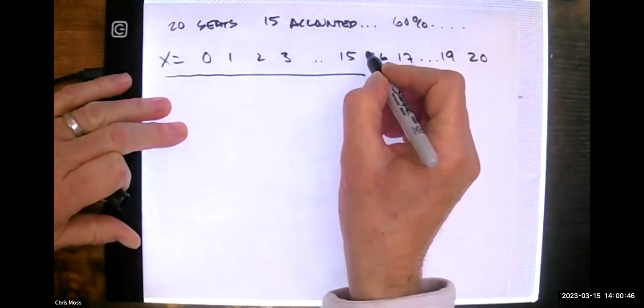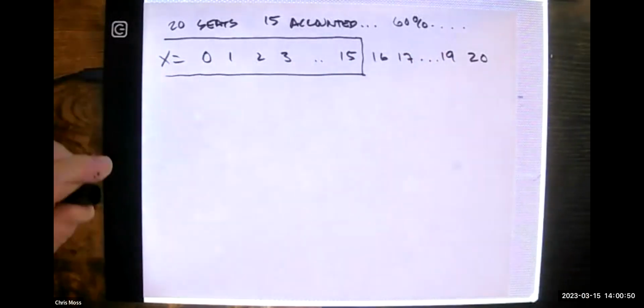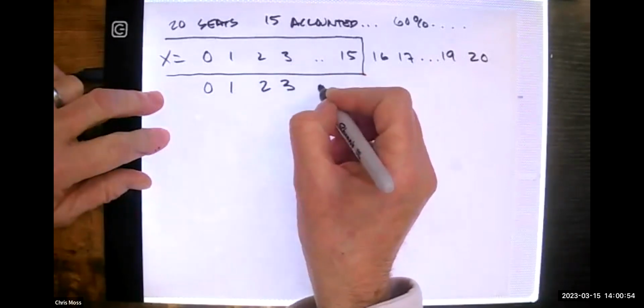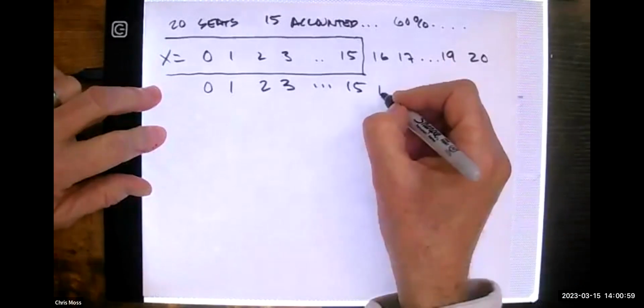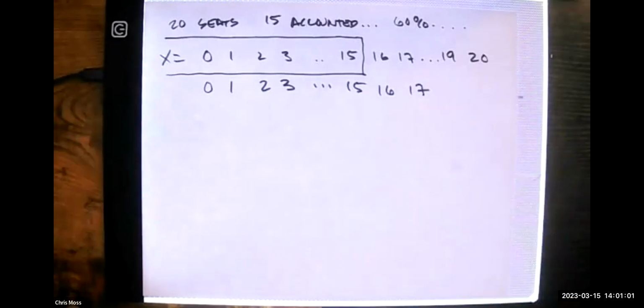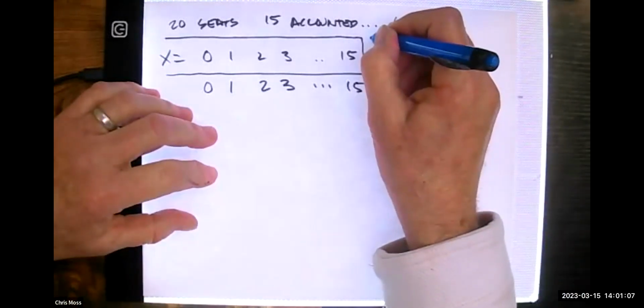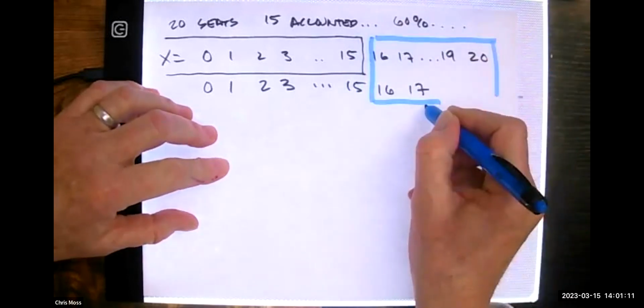We know that 15 seats on the plane are going to go to the people that have shown up. Our plane only has 17 seats. So really what we're looking at in terms of interest is this right here.